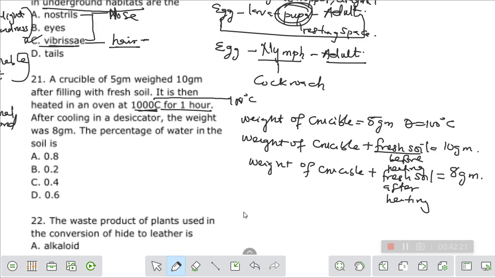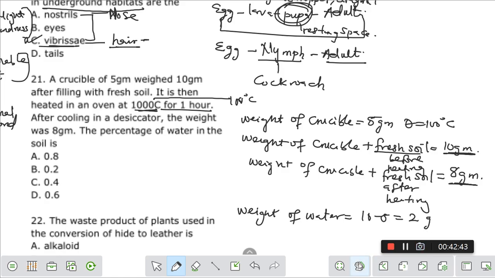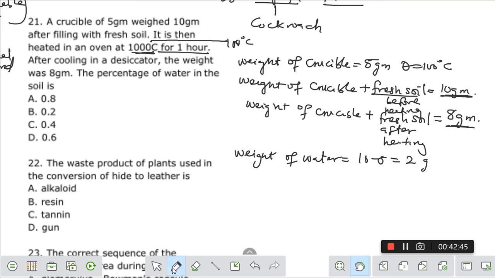Now they ask us to find the percentage of water in soil. So that will be the water loss over the weight of fresh soil, times 100%.